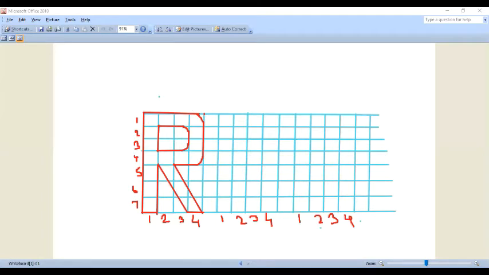Next we do the S. Okay. So this is 1. Here there will be curve. Here there will be curve. Up to this. Now here also, here another curve.